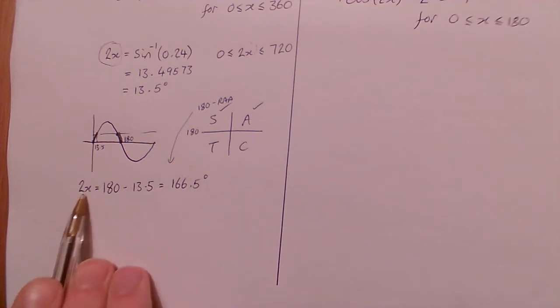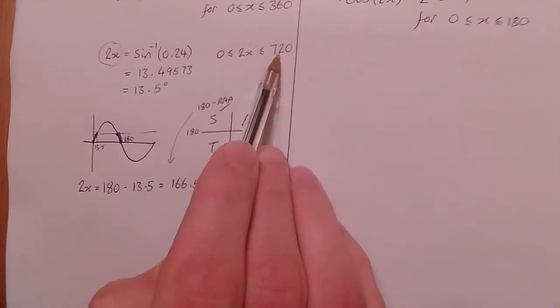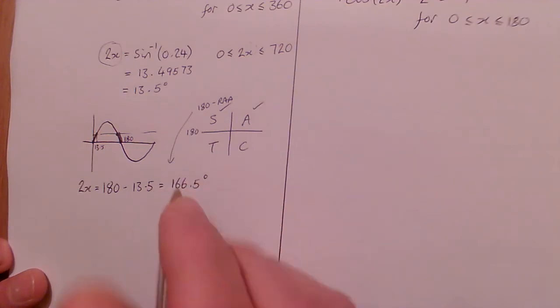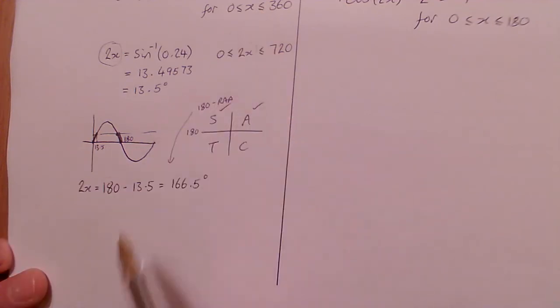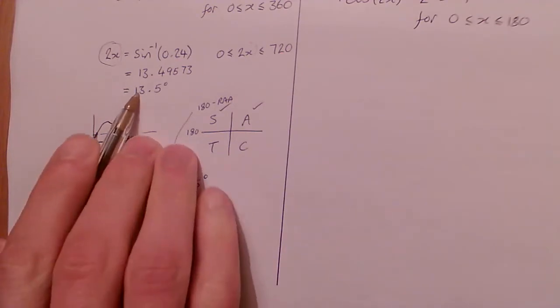But these are our two 2x values, and we said they could lie anywhere in the range between 0 and 720. So like we were doing in the first video this week, we're going to look for other angles that are beyond 360. So we could have that 2x equals 13.5.